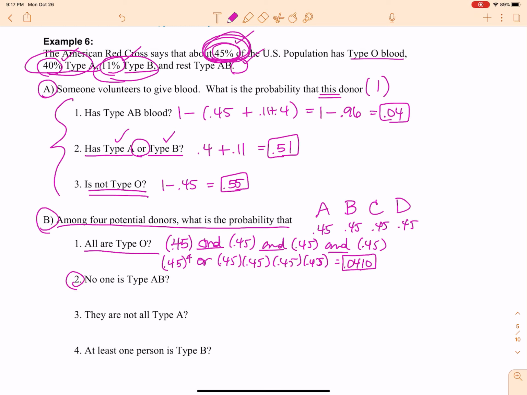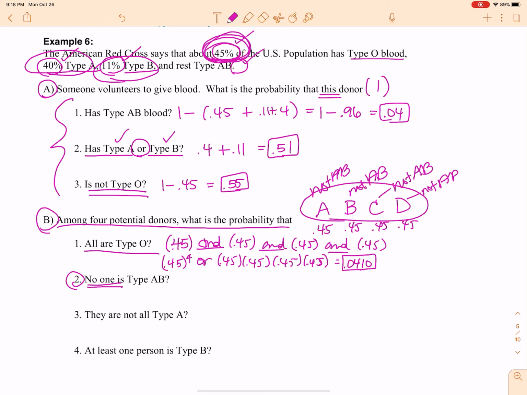Excellent. Okay, so number 2. What's the probability no one is type AB? Well, that means among my 4 people here, this one is not AB, this one is not AB, and so on. If you'll recall from problem A1, the probability someone has type AB is 0.04.